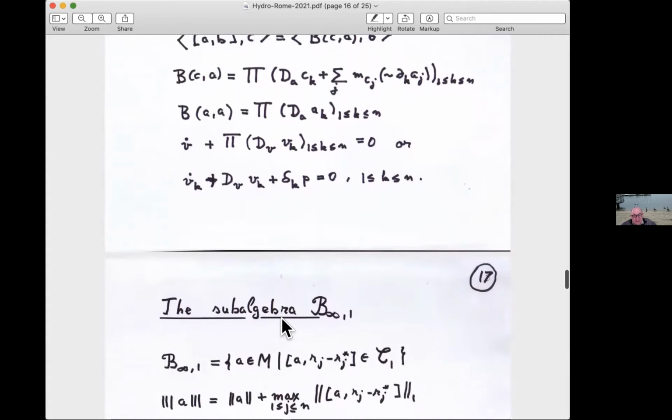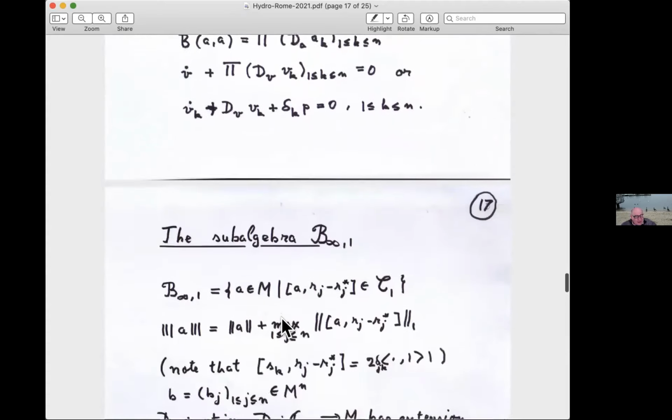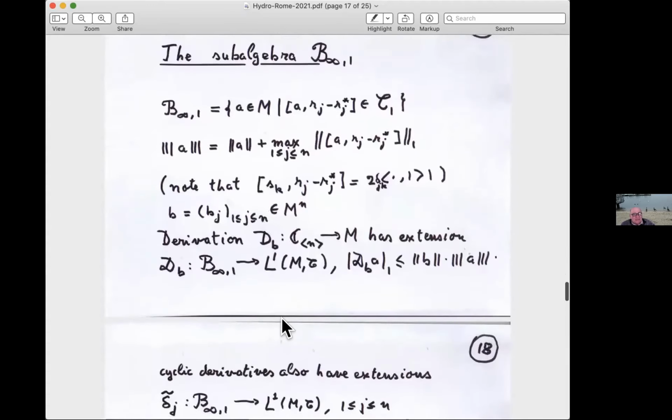Now, these Euler equations are for polynomials. That's not a very good class of functions. Fortunately, something nice happens again, because I'm in this good Gaussian situation. Namely, there is a subalgebra of smooth functions in the von Neumann algebra to which the equations can be extended. So the equations will make sense for the elements in this subalgebra.